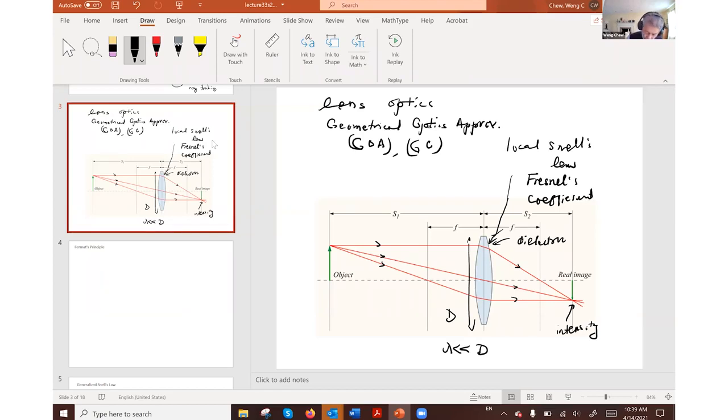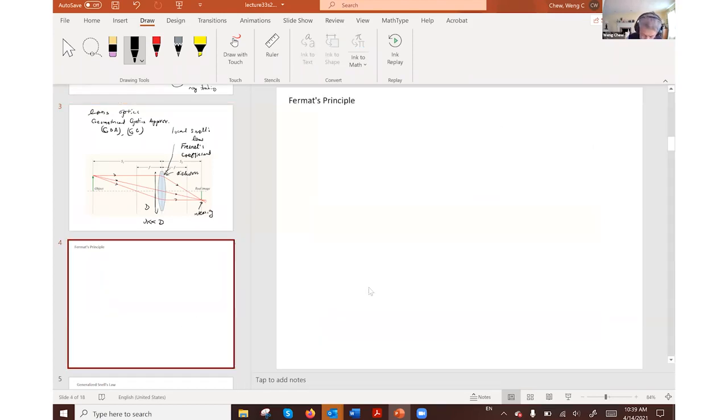One of the other things I like to talk about is actually Fermat's principle. Fermat's principle was formulated around the 1600s for ray optics.